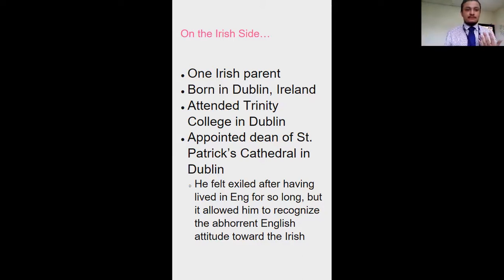So you have one side that is English and one side that is Irish. And he's an Anglican, but some of the relatives are Catholic, and he lived on both sides, so he knows how Irish people are treated by English people, right? So he has the two perspectives in here.